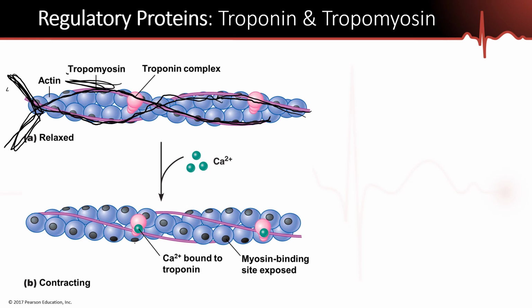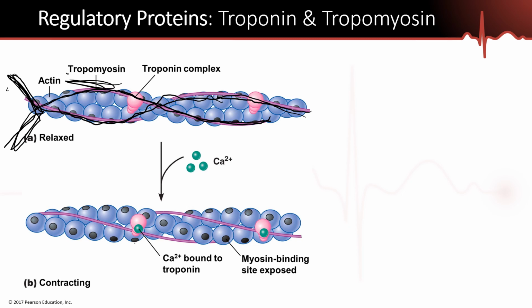And tropomyosin covers up the myosin binding sites on all of the different G-actins that are making up the F-actin strands that are wound around each other, creating the actin filament. I don't think we actually need to get to the next part to understand what this means.